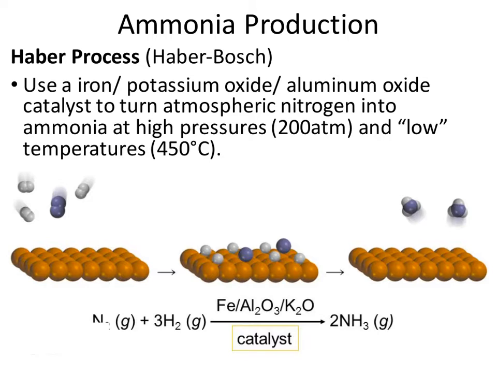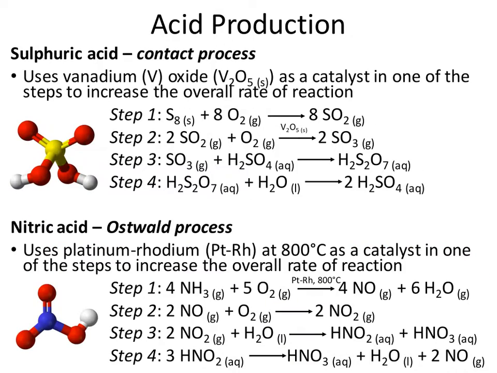And what happens is that these particles could collide with one another, but instead they use this bed of iron, aluminum oxide, and potassium oxide to actually do the reaction. So you can see that they latch onto this catalyst, they break up, and then they reform into the ammonia. And so this catalyst allows this reaction to happen a lot more efficiently and a lot faster.